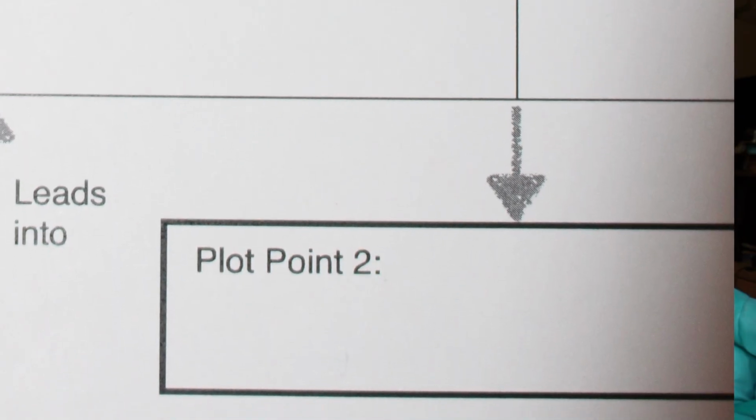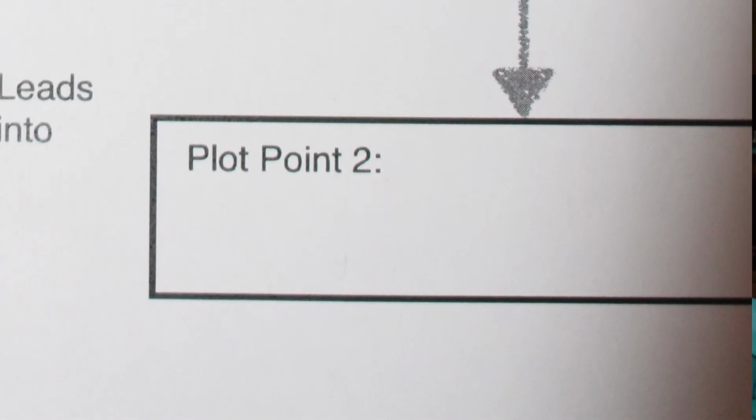Then at the end of Act 2, you have your plot point 2, which again spurs your main character into Act 3. This is where the final showdown happens. You have your climax, you have your final battle, and all the, I know Save the Cat calls it the darkest moment. All of this happens in Act 3, and then of course it ends.